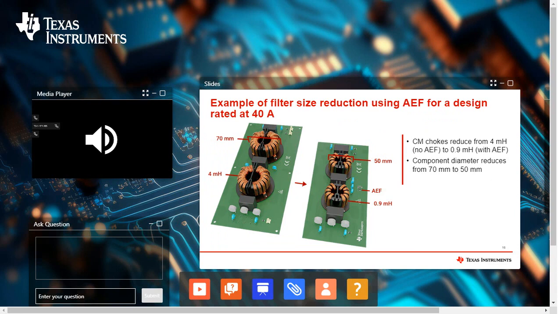Here is an example of a 40-amp filter board where, with the addition of AEF-IC, common mode chokes reduce from 4 millihenries to a mere 0.9 millihenries, and the component diameter reduces from 70 millimeters to 50 millimeters while maintaining the same level of EMI performance.